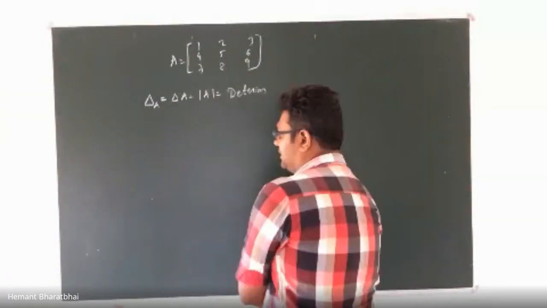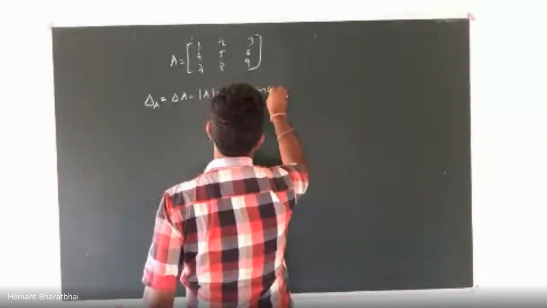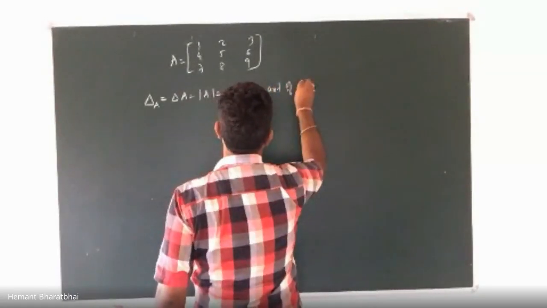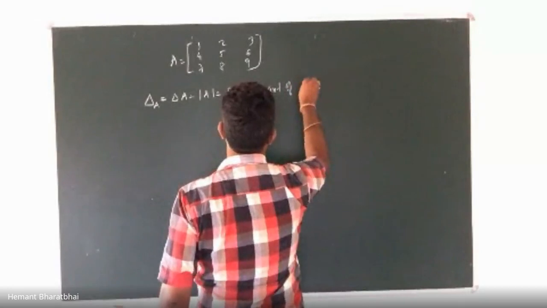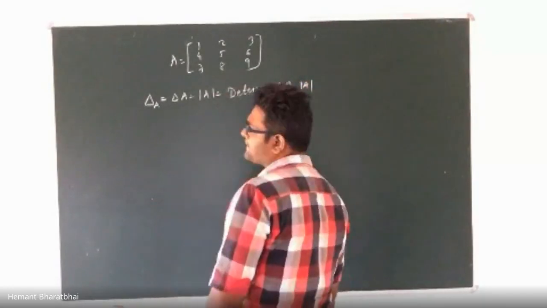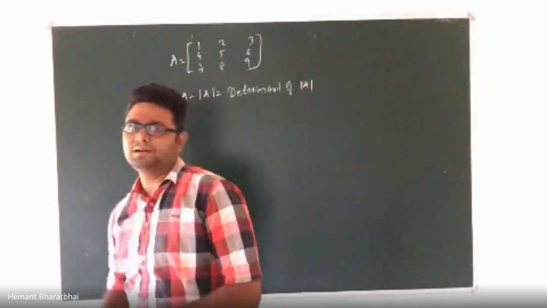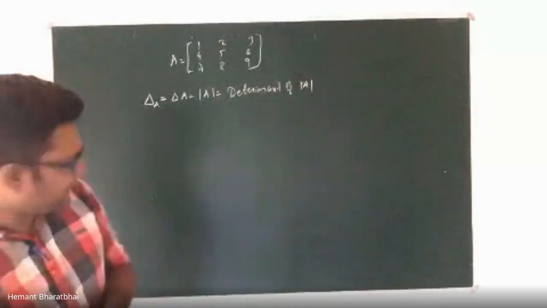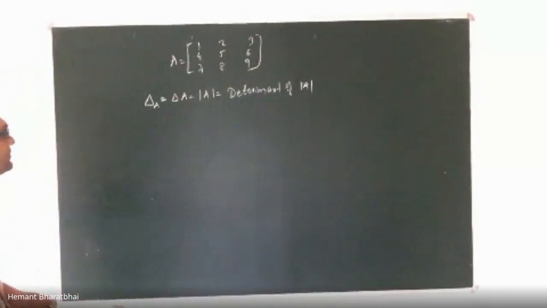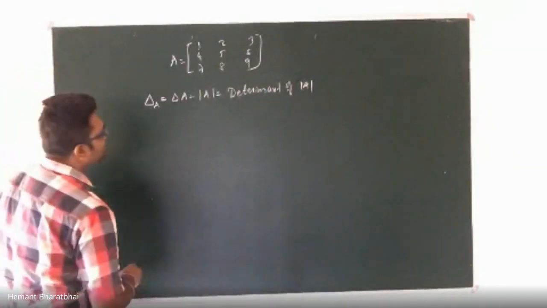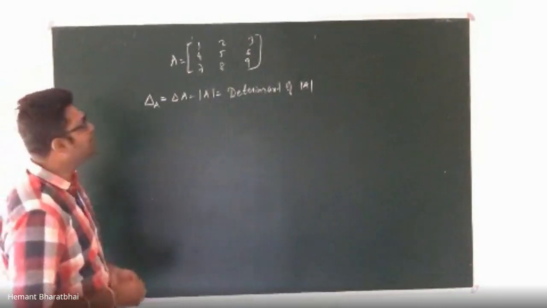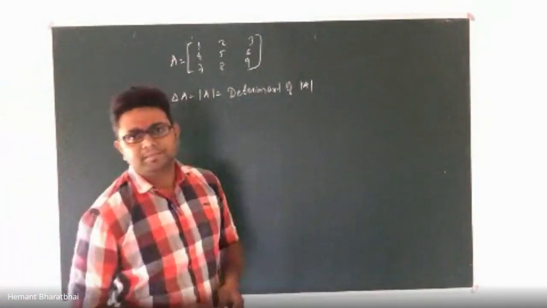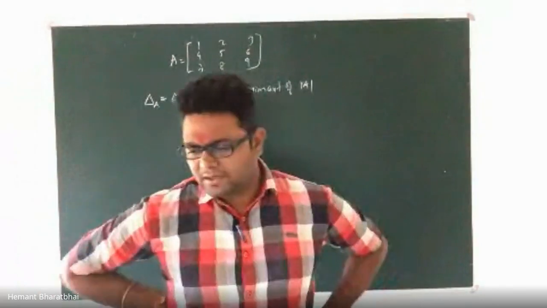All these are symbols and read as determinant of matrix A. So let's see how to find out the determinant of a matrix. Please see and understand the procedure.